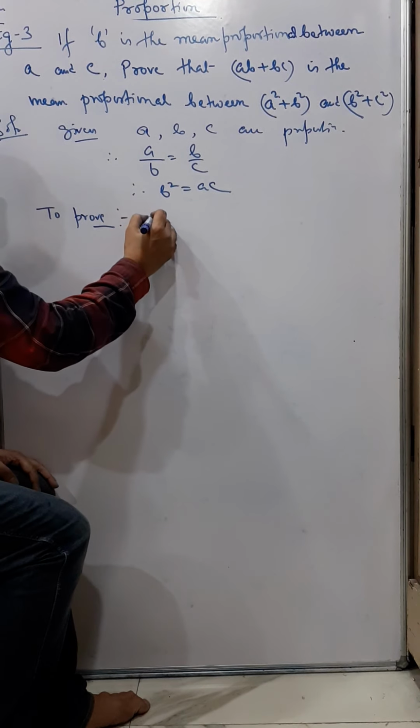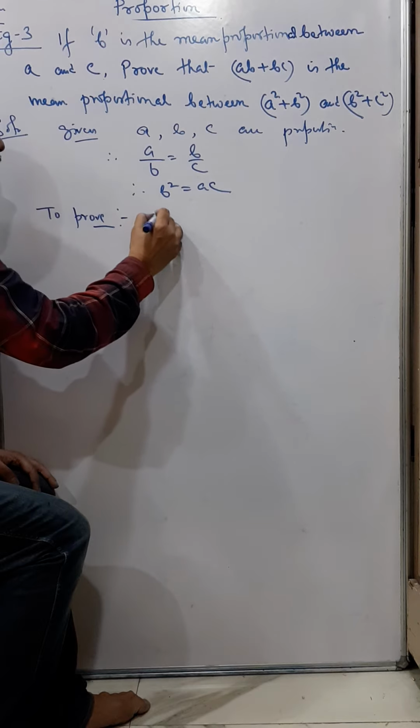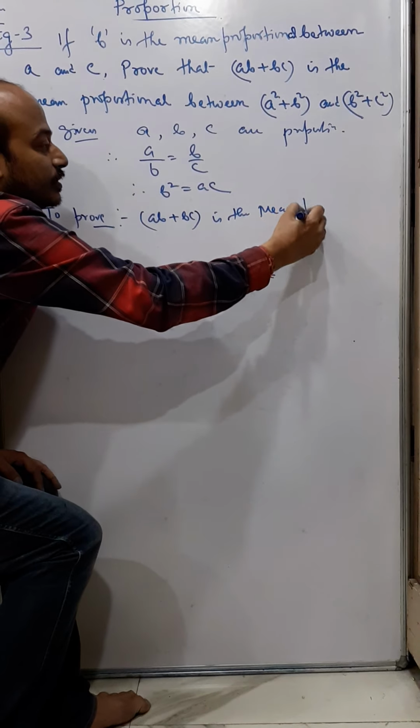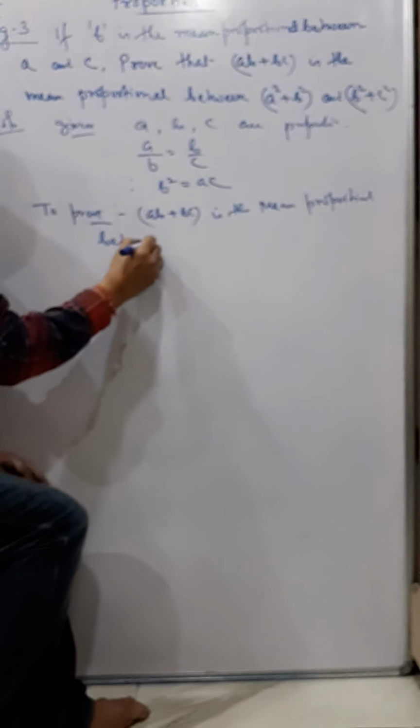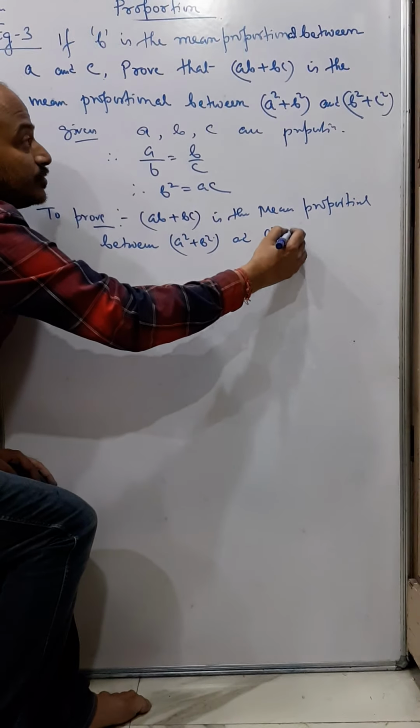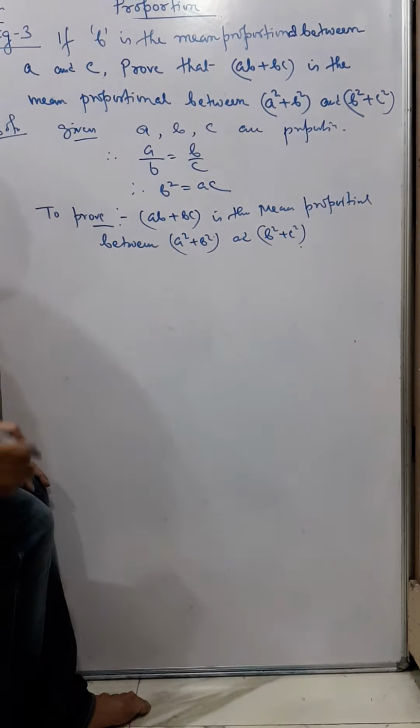To prove that AB plus BC is the mean proportion between A square plus B square and B square plus C square.